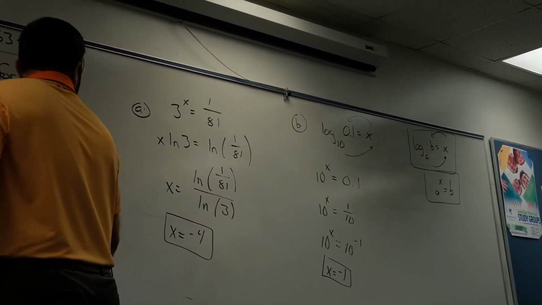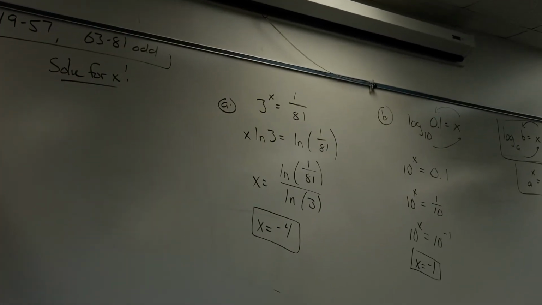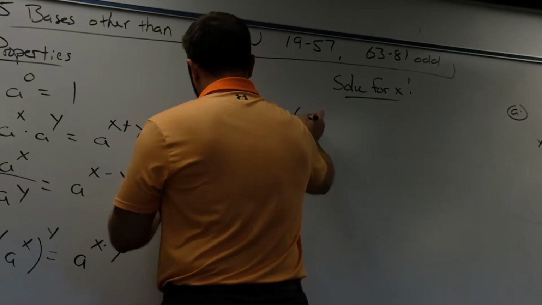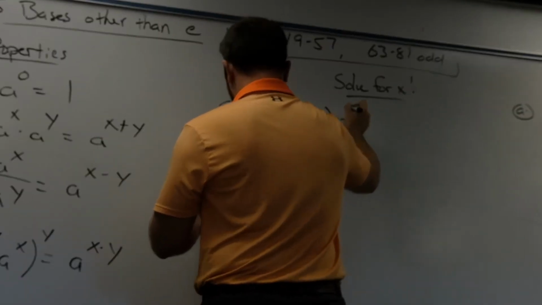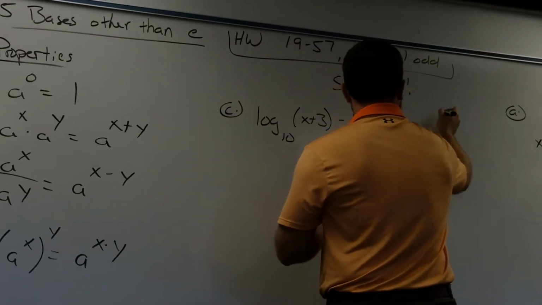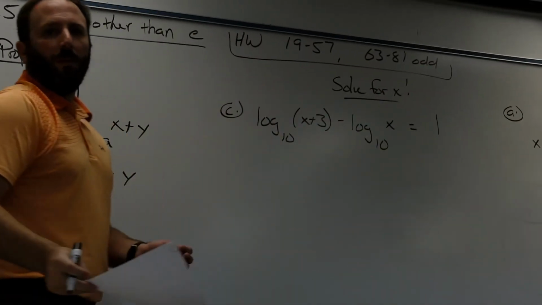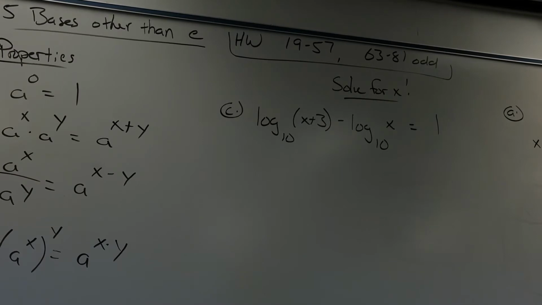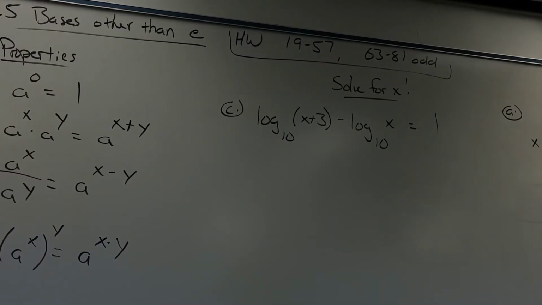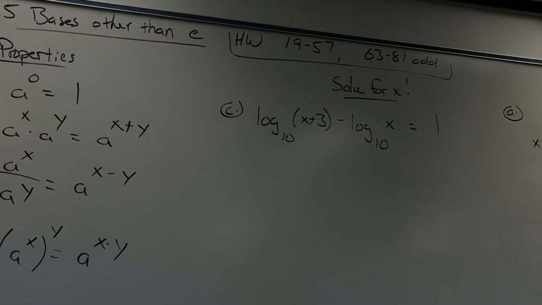Let's take a look at another one that's a bit more interesting. Log base 10 of x plus 3 minus log base 10 of x equals 1. What are we going to do here, guys? We want to solve for x.